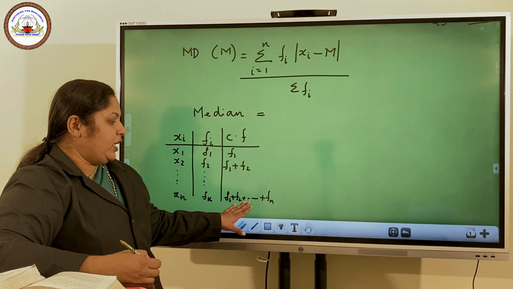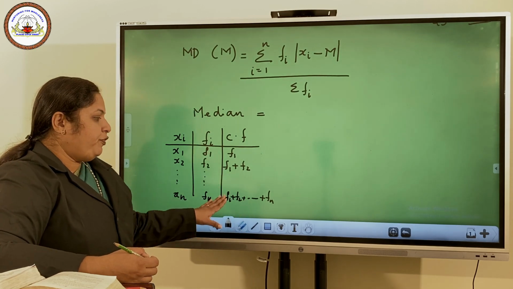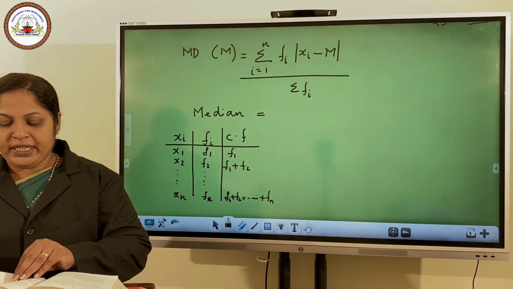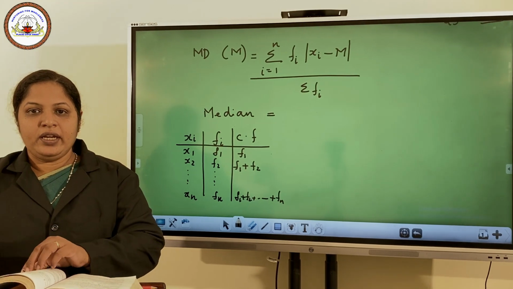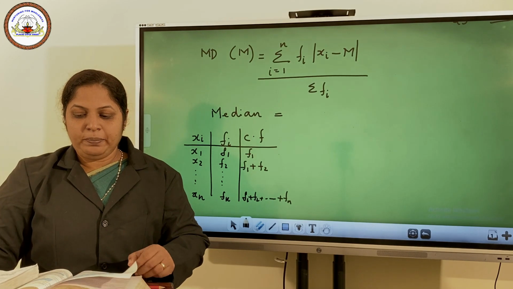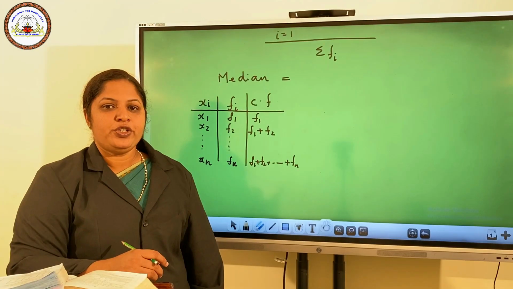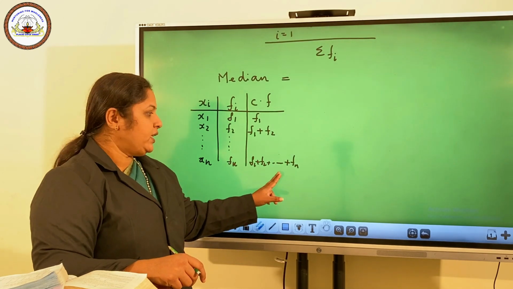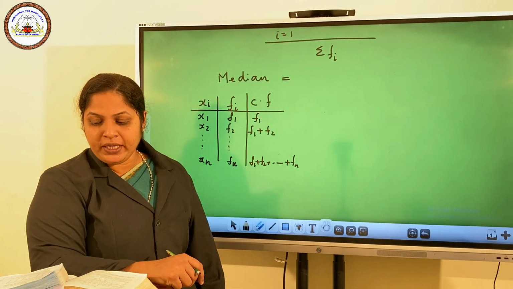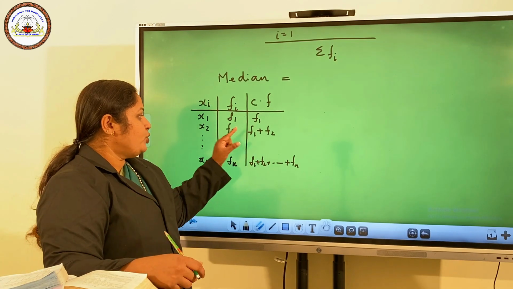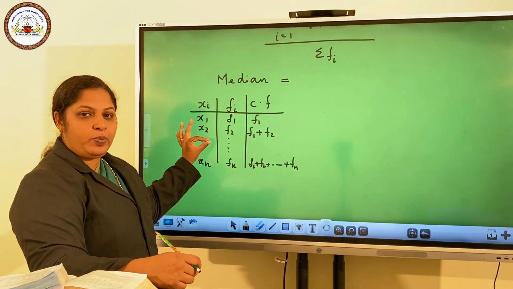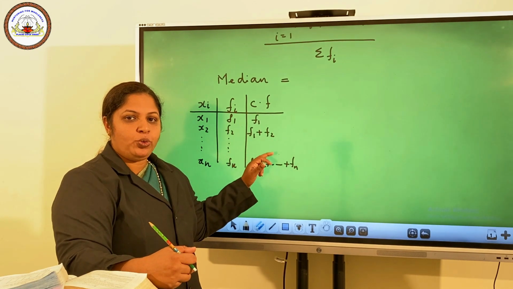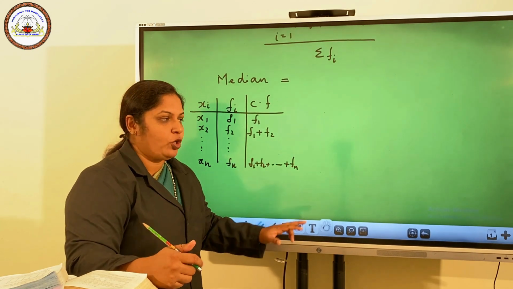And if the last value, the sum of frequencies, is an even number, then how do we find the median? If the total cumulative frequency N is an even number, then you have to choose the data point corresponding to the average of the n by 2th and n by 2 plus 1th observation.